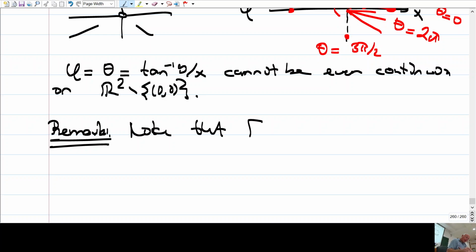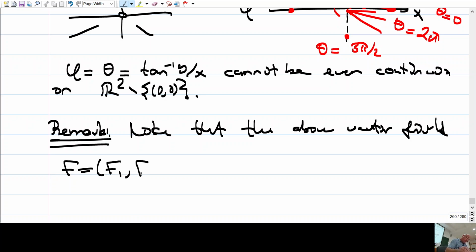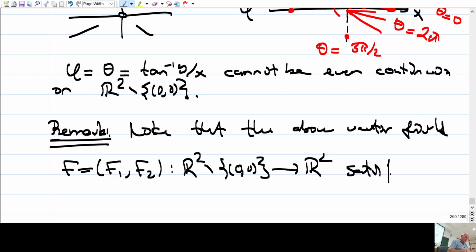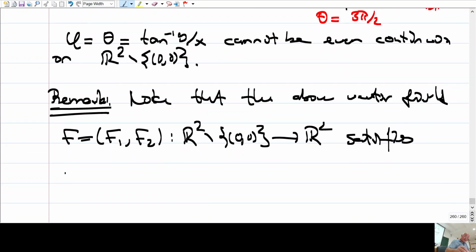Note that the above vector field f, which has two coordinates f1 and f2, and this is defined on this, satisfies this criteria: del f1 del y equals del f2 del x.